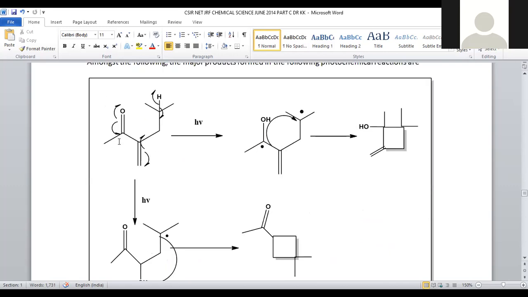The starting material, this alpha olefinic ketone, was taken and irradiated with light. Okay, so here photochemical conditions are employed, so that all the bond fissions are homolytic, meaning all are equally fragmented, so that the carbonyl group got fragmented, a carbon radical and an oxygen radical got generated, the carbon-carbon double bond got cleaved, so that a carbon radical forms.